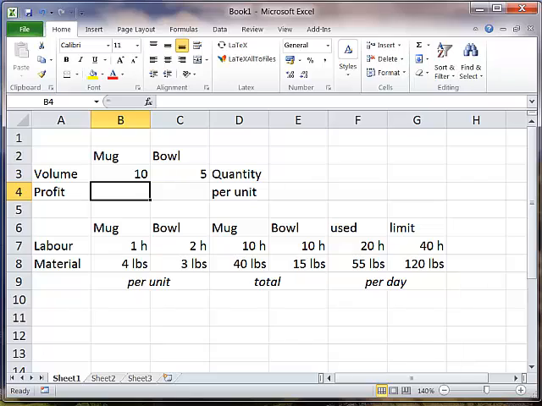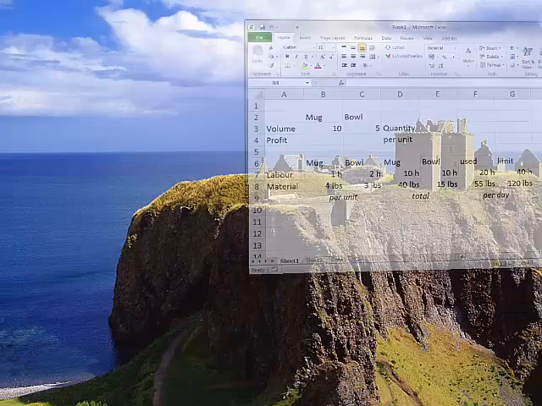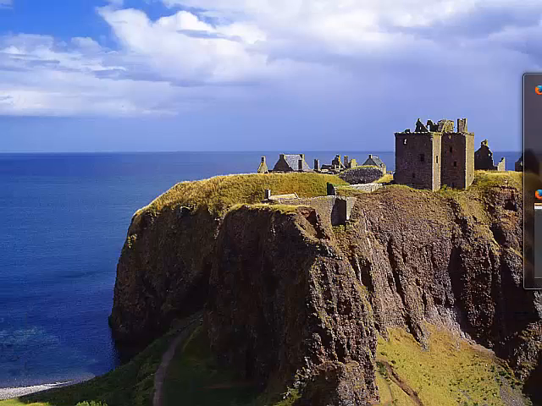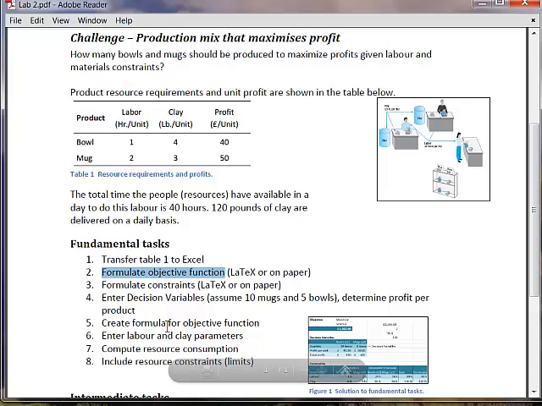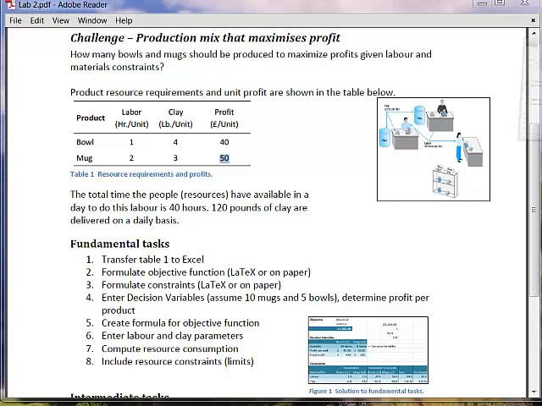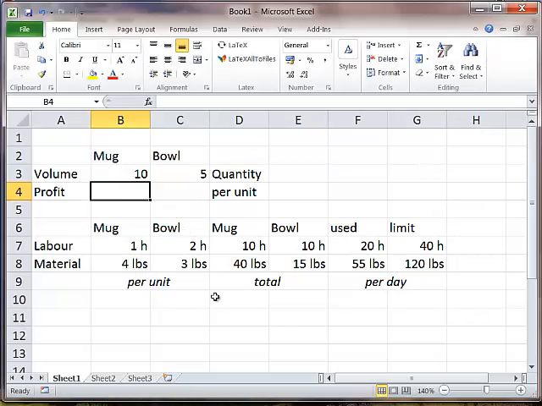Let's just remind ourselves what the unit was. So 40 pounds per bowl and 50 pounds per mug. Okay, 40 and 50 pounds.